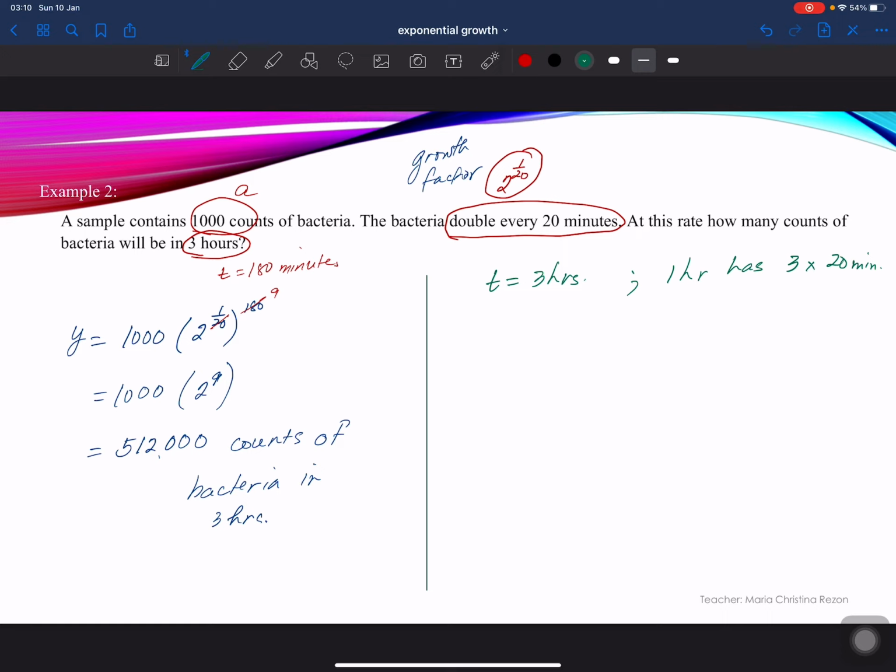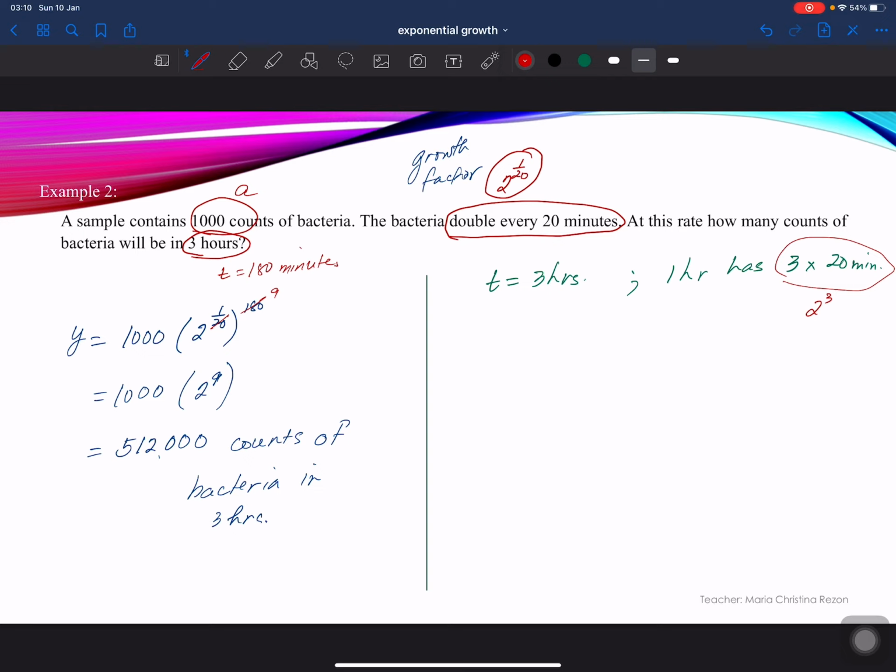So every 20 minutes, that is our growth factor. So our growth factor then would be 2 cubed.